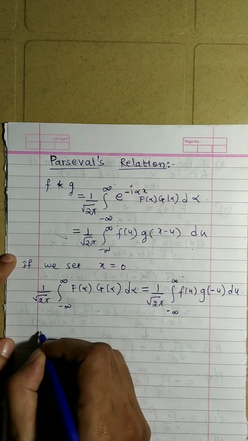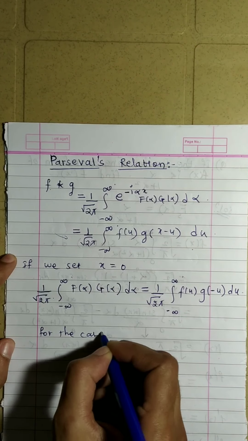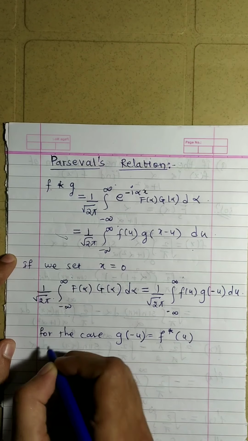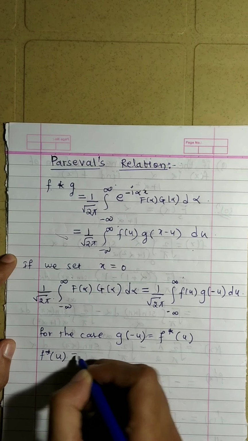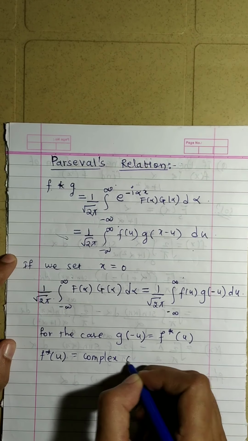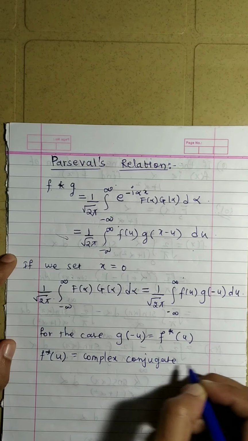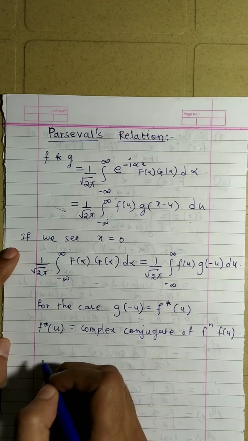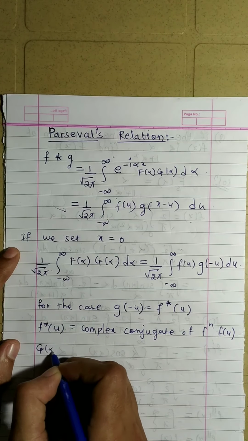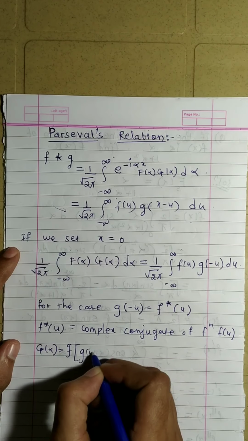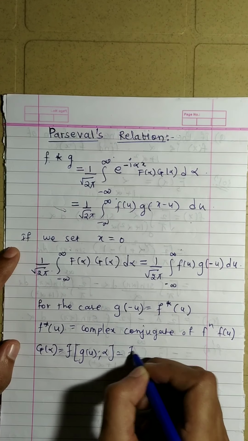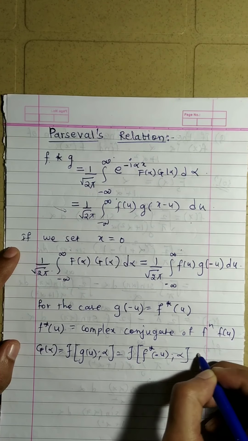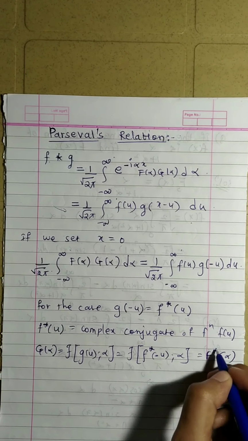Next, for the case g of minus u equal to f star u, where f star u is the complex conjugate of function f of u, g alpha, which is the Fourier transform of the function g of u, will be equal to the Fourier transform of this, that is f star of alpha.